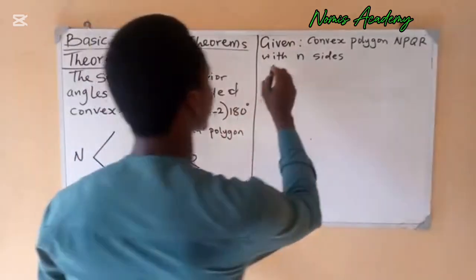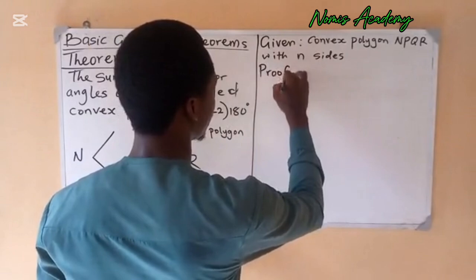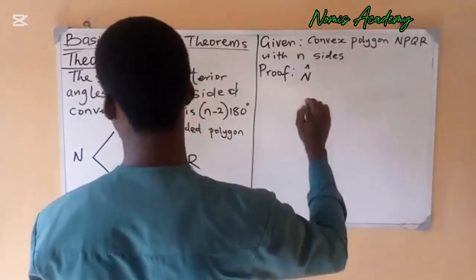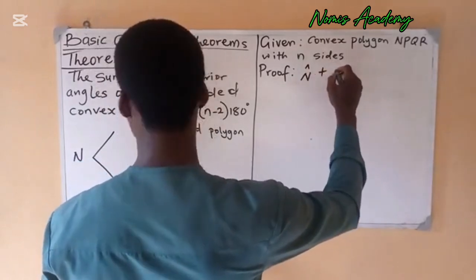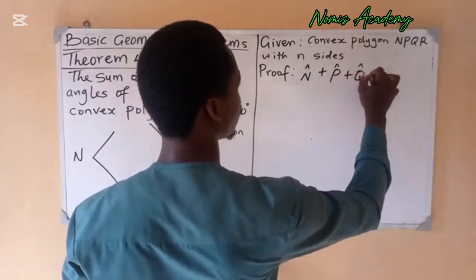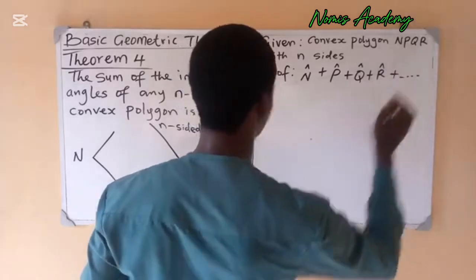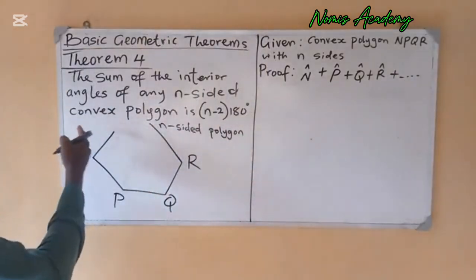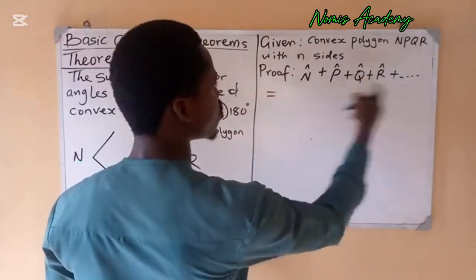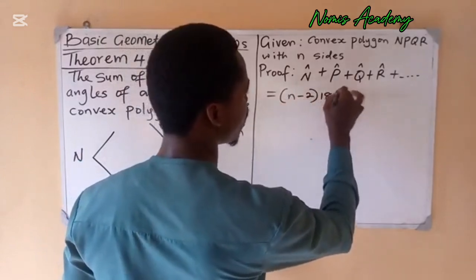So let's go to the next part: what we are going to prove. We are to prove that the angle at N plus the angle at P plus the angle at Q plus the angle at R plus ellipsis, meaning that we also have other angles for the n-sided polygon, is equal to n minus 2 multiplied by 180 degrees.